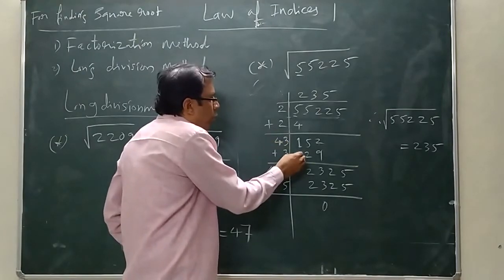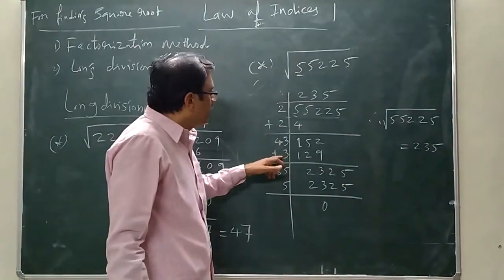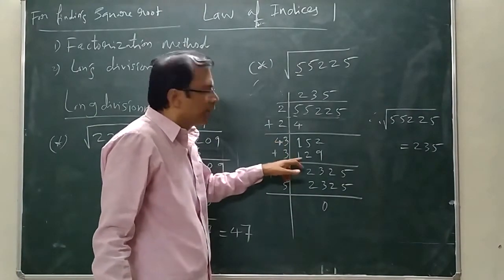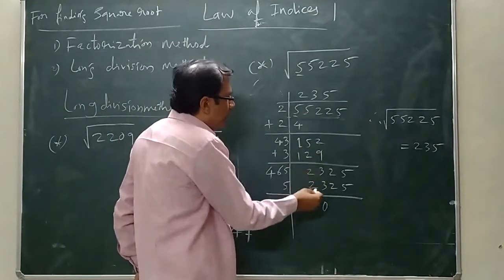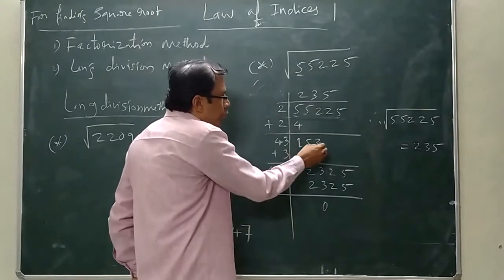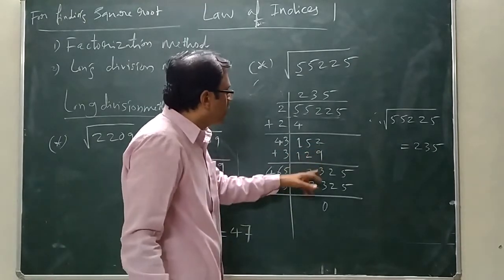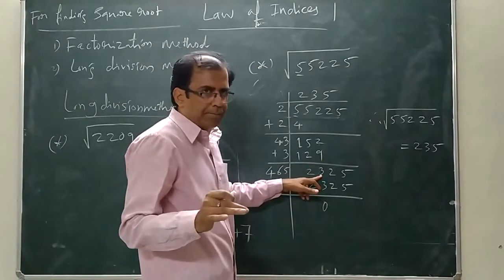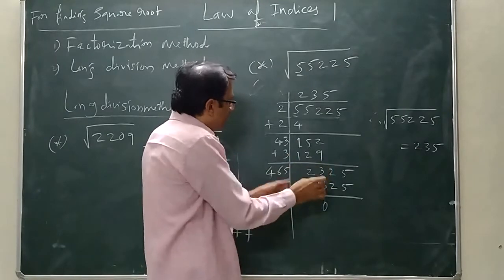After the 3 is multiplied to the 43, you are getting 129. And after minusing, in 152 you are minusing 129, you are getting only 23 left here.